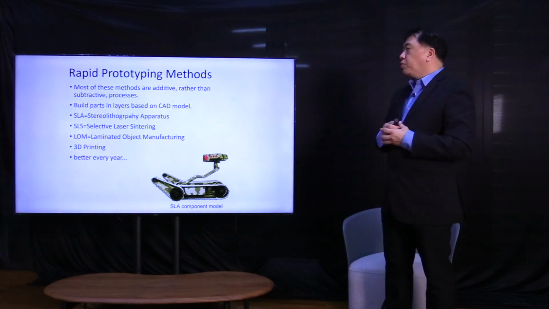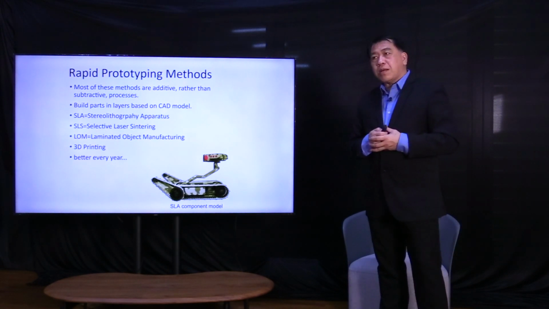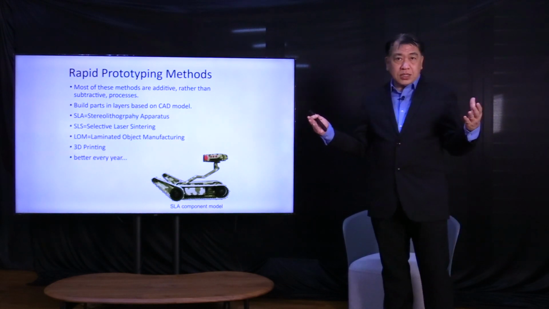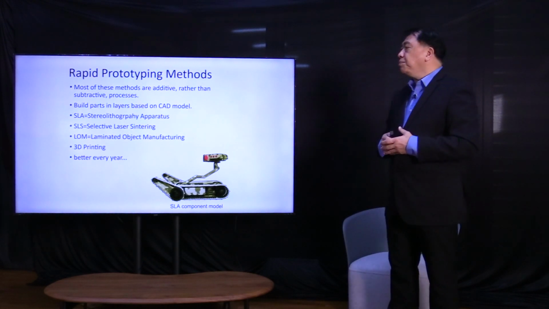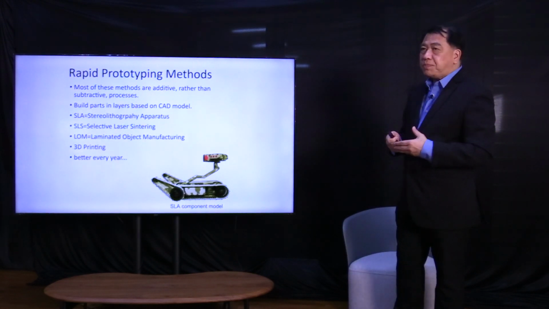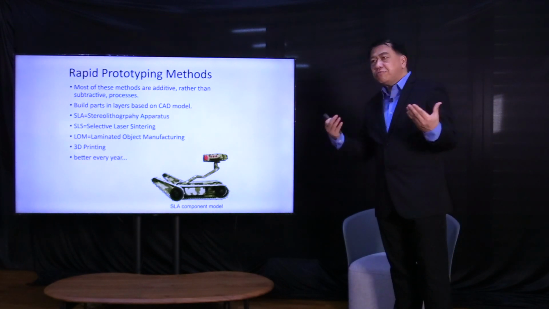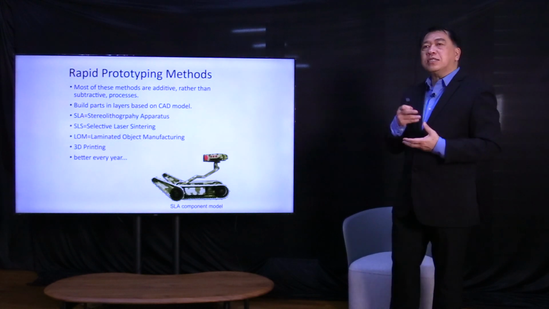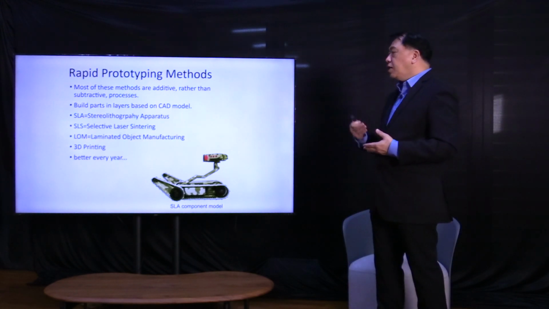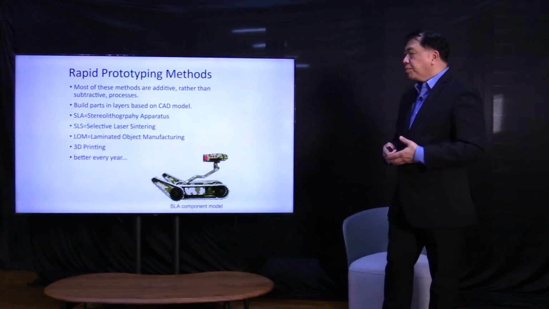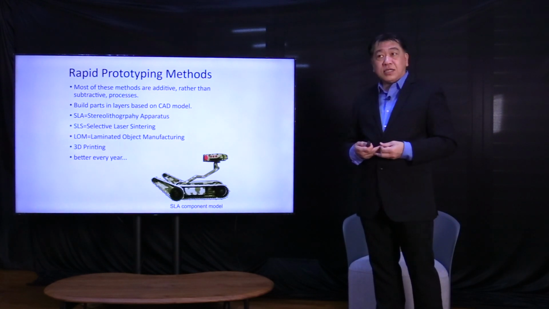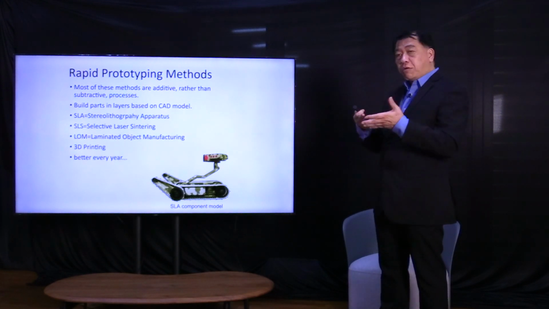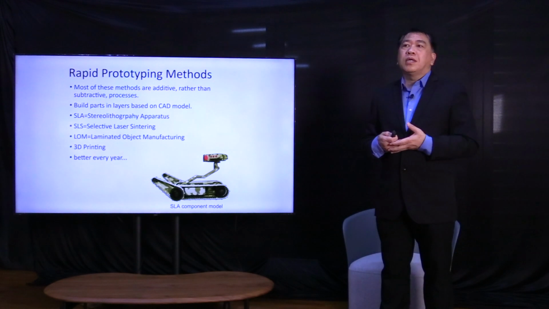So there are many rapid prototyping methods. Most of them are additive. That means using 3D printing. They build parts in layers based on the CAD model, which is really nowadays very common and popular. And the techniques that are available are SLA, stereolithography, and SLS, selective laser sintering, which are all powder-based concepts.